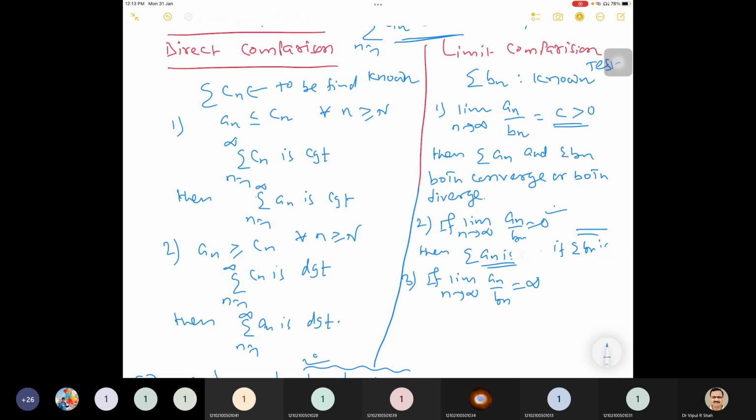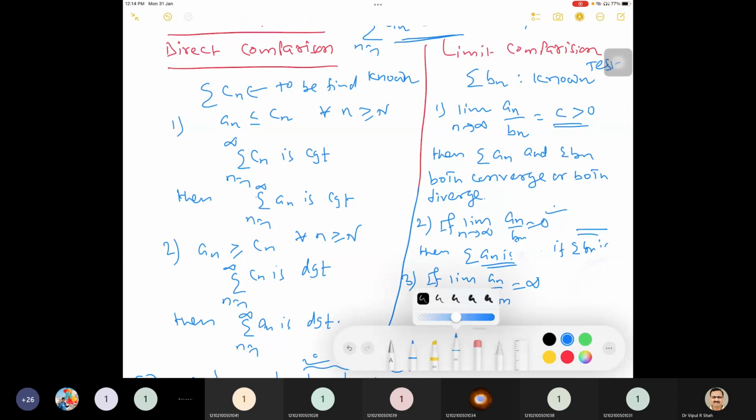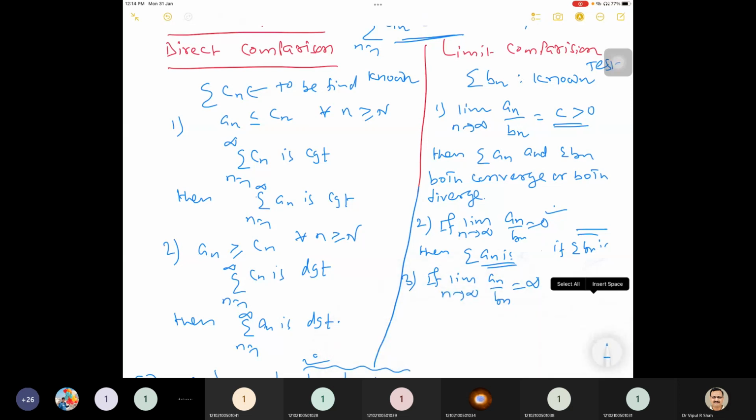Series an is convergent if series bn is convergent, when the limit is 0. Sorry, my mistake. Not able to use the pen. Series an is convergent if series bn is convergent.